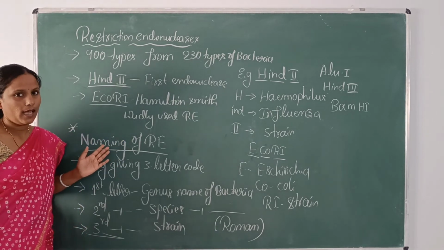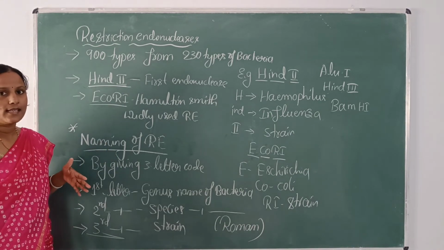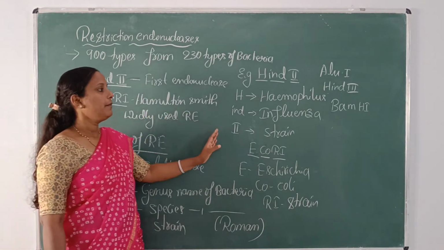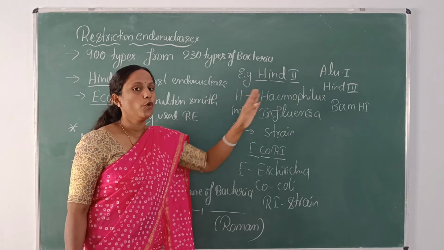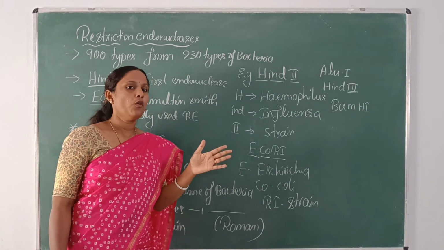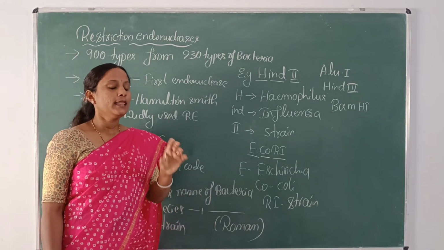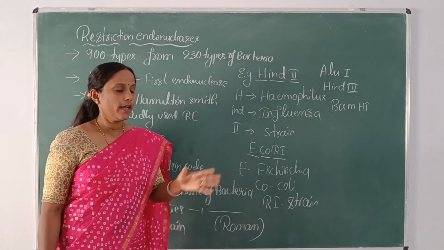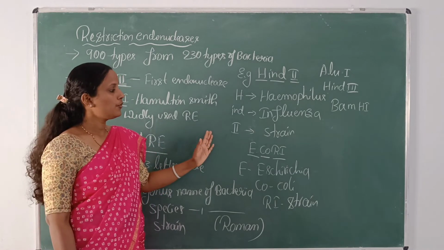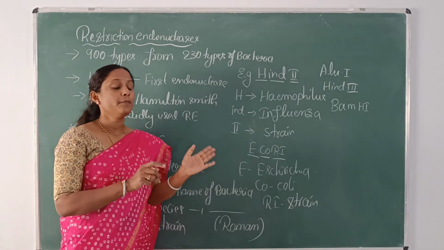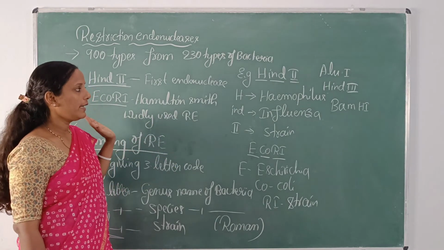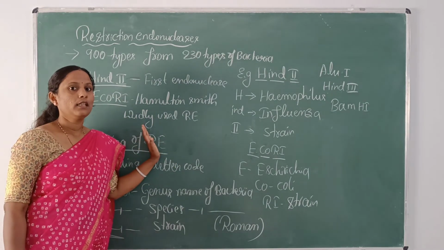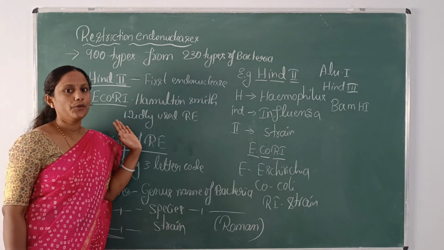Or for competitive exams like NEET and CET, they may ask: if HindII is the name of a restriction endonuclease, then what does H indicate? What does 'ind' indicate? What does II indicate? So likewise, the question may be asked. So this is about the naming and the types of restriction endonucleases.